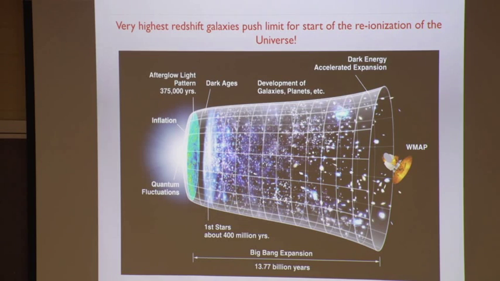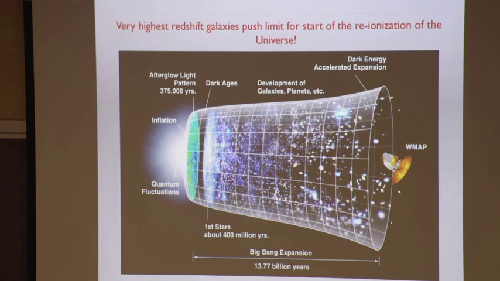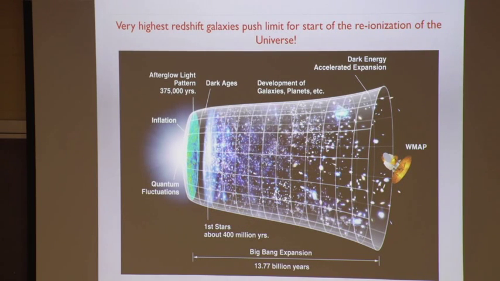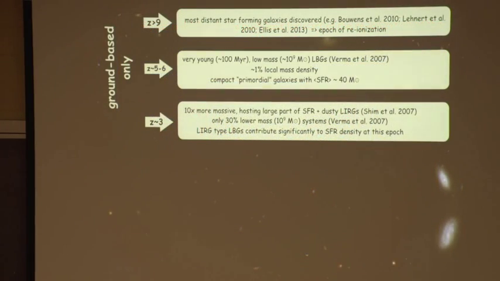We still don't know exactly where that is. So with every galaxy we can detect at a greater distance, we know that limit is pushed further back in time. We are right now at about 400 million years. But who knows, maybe in a year or two we go even closer to the Big Bang.